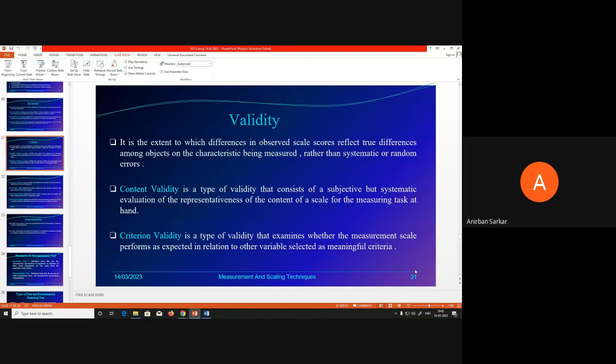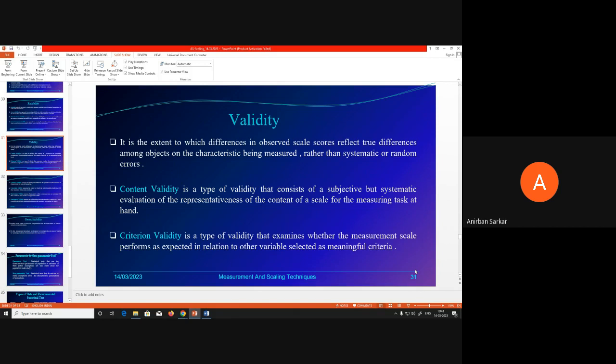This criteria validity may be of two forms: one is concurrent validity and the other is predictive validity.